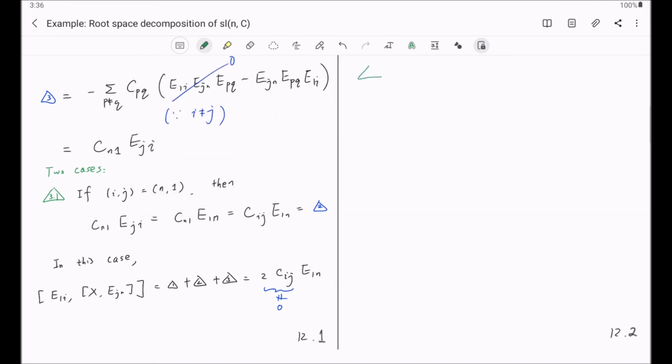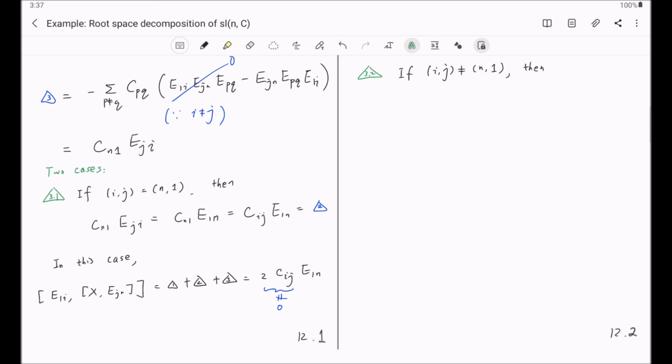Now, as a second case, we're going to consider if (i, j) is not equal to (n, 1). In this case, this e_{ji} will not be equal to e_{1n}.